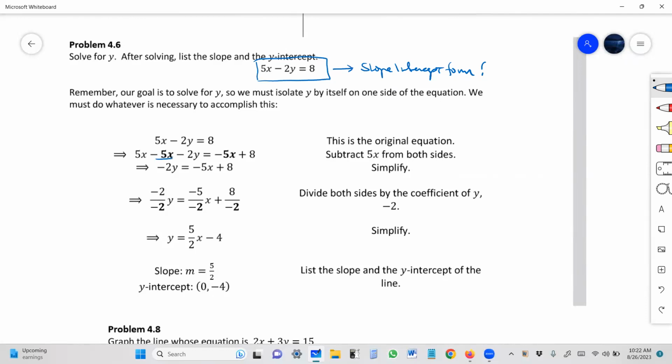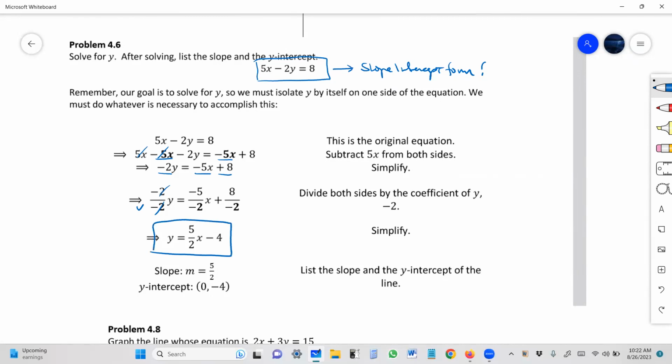So we do minus 5x on both sides. These two cancel. And then we need to have a single y on the left side. So we divide everything by 2 here, as you can see. These two will cancel. Minus and minus becomes a plus. 5 over 2 x. 8 divided by negative 2 is minus 4.